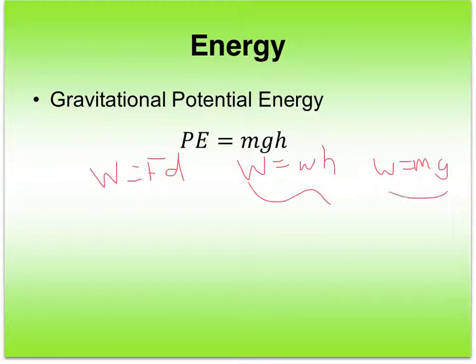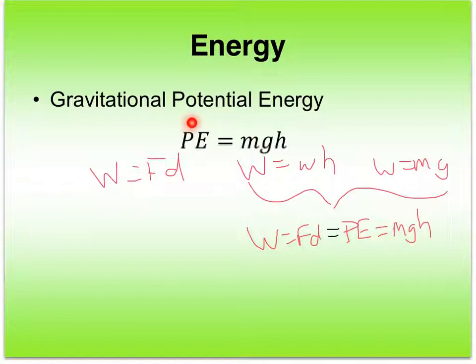So when I combine these two, the work is equal to the force times the distance, but the potential energy I provide is equal to the weight, which is mass times gravity, times the height of the object. So these two are the same idea. So for gravitational potential energy, the potential energy is the amount of work that I do or could have done on it, and the mass and gravity's acceleration are my weight, and the height is the distance that I've traveled.